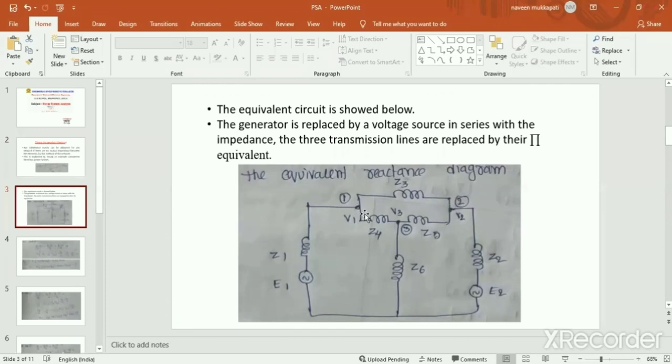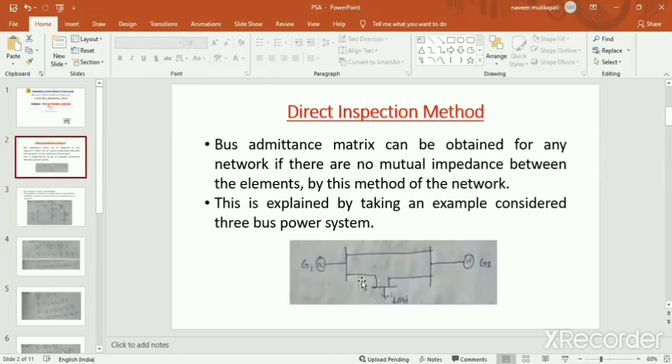Next we have another element between bus 1 and bus 3. While observing the single line diagram, another element is there between bus 1 and bus 3. This is bus 1 and this is bus 3. We have another element between bus 2 and bus 3.